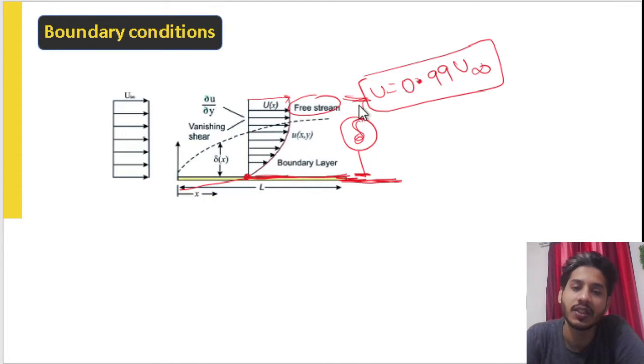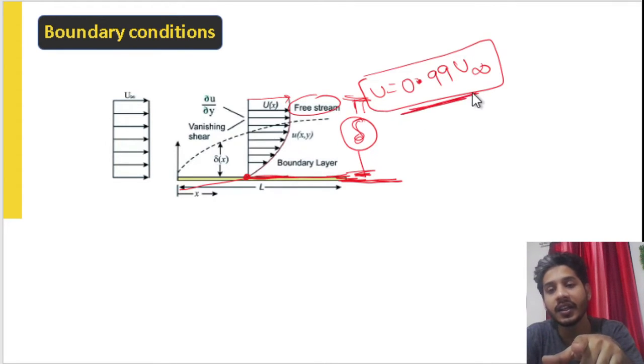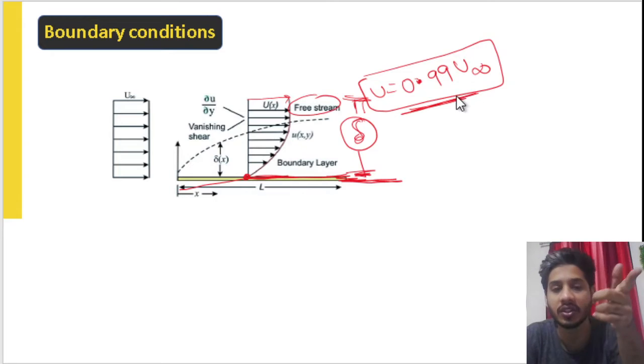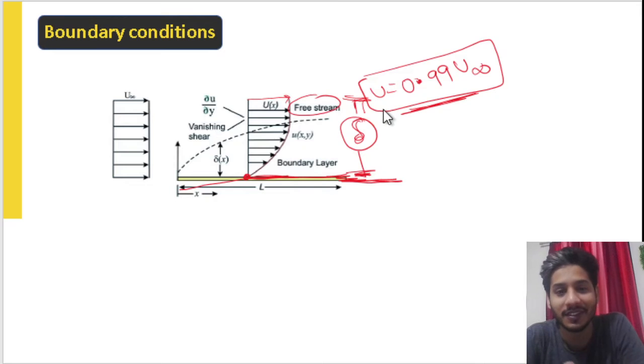So we consider the distance measured perpendicular to the boundary where the velocity reaches 0.99 times, or 99%, of the free stream velocity. Similarly, like Lifebuoy, we don't kill 100% of the germs, it kills 99.99%. All right, so that is the clearance we usually take.